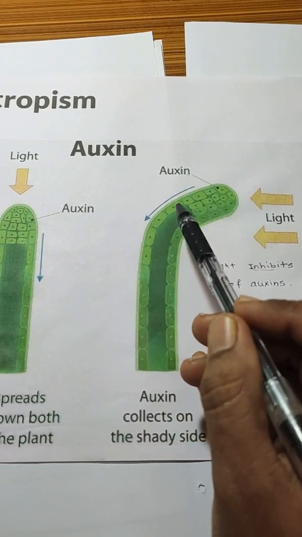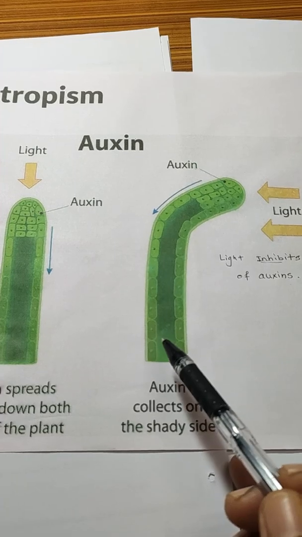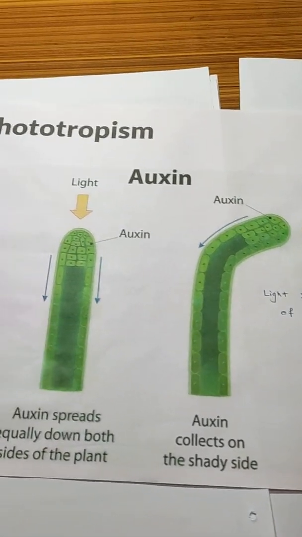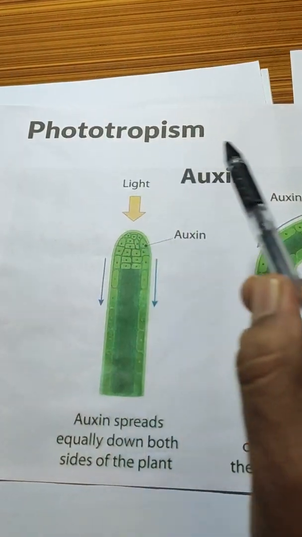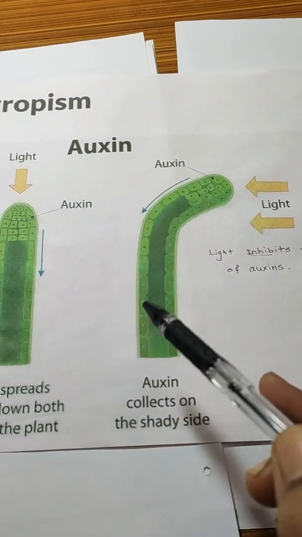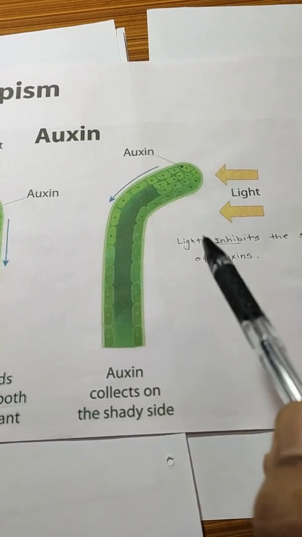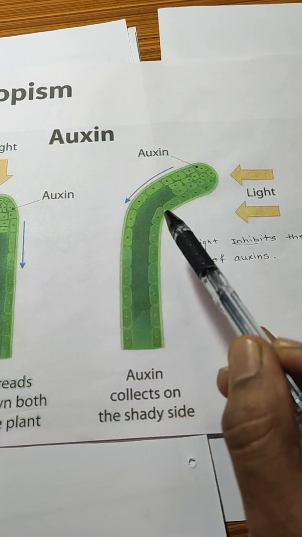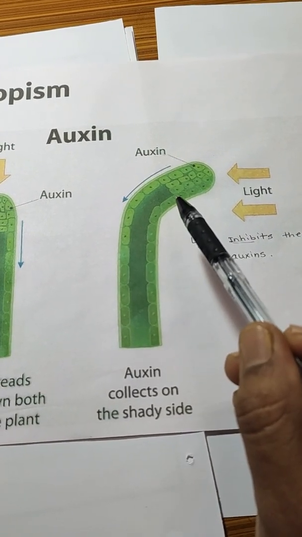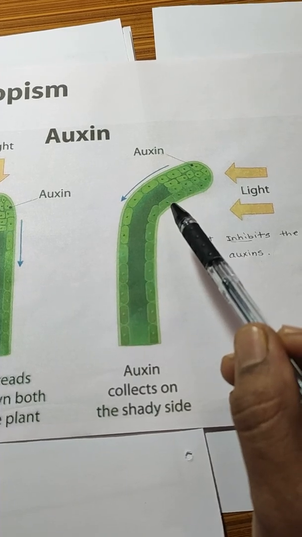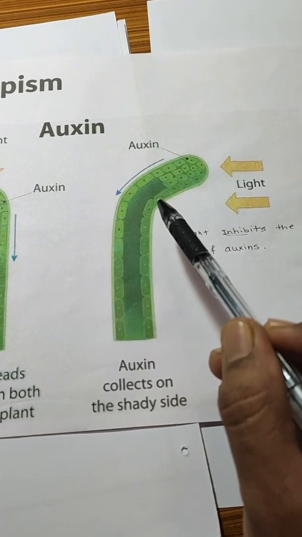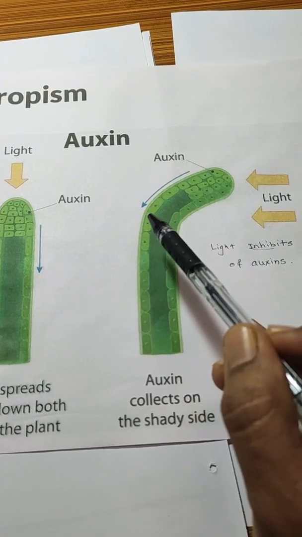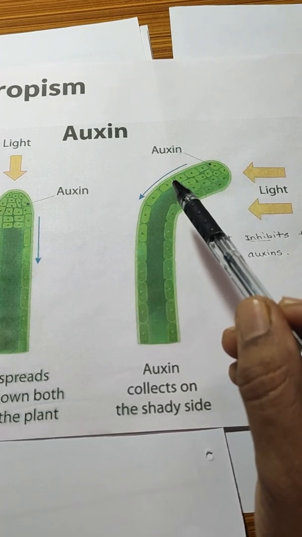So the shoot or tip of the plant moves toward the sunlight. This is called phototropism, meaning movement of the plant toward the sun. It is due to the auxin hormone. Light inhibits auxin production, so the cells do not produce auxin and their size does not increase, while the cells on the side opposite to light produce auxin and their size increases.